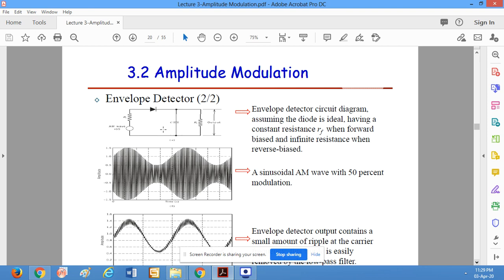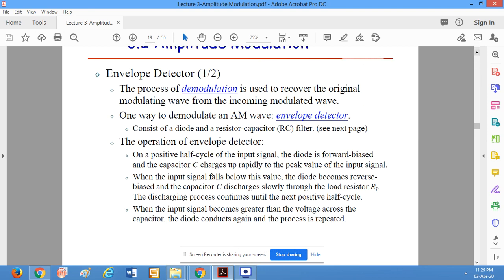Whenever the diode is forward biased, this capacitor is charged to the full value of the input signal, and when the input falls below this value, the diode becomes reverse biased, and the capacitor discharges through the load resistance RL, and the discharging process continues until the next positive half cycle.